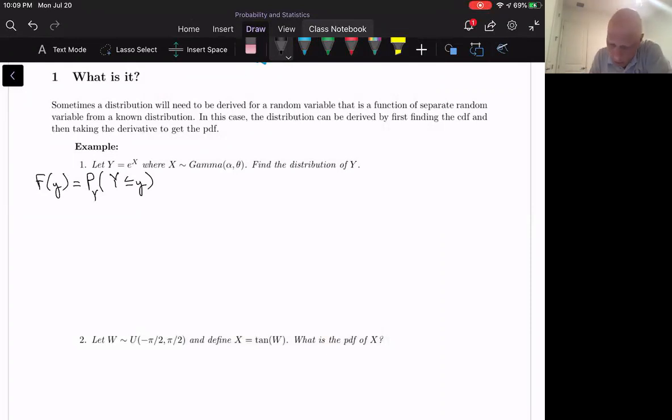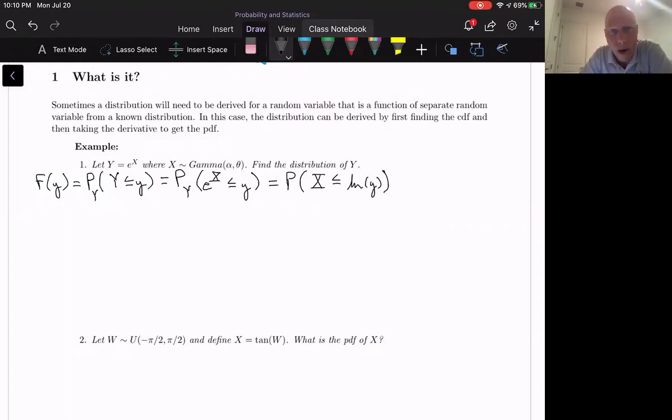But we do know that capital Y is e to the X. So I make that substitution in for capital Y. Now I'm going to manipulate the inside so I have X, not e to the X, which means I need to take the natural log of both sides. That's going to give me the probability that X is less than or equal to the natural log of y.